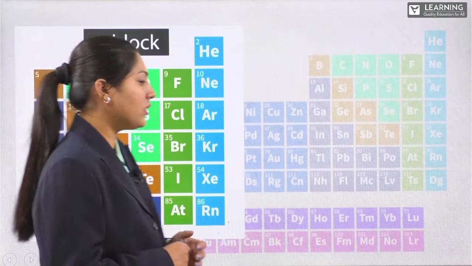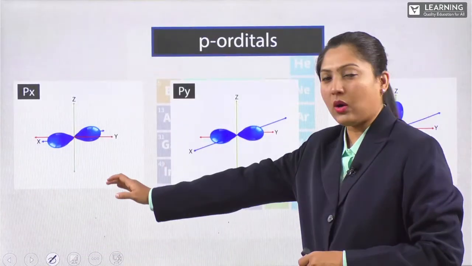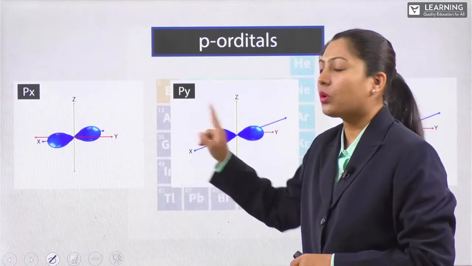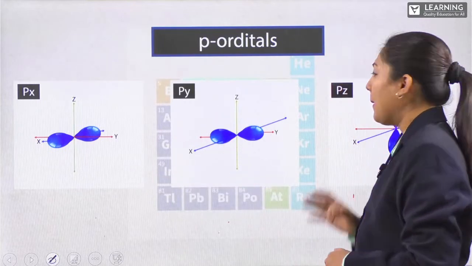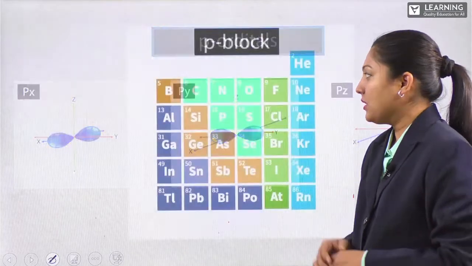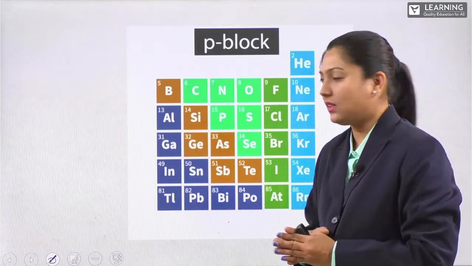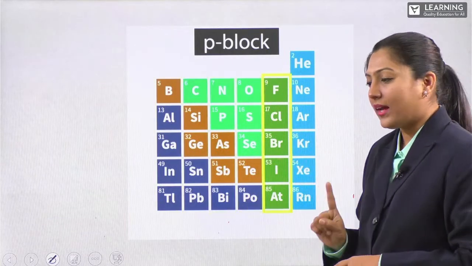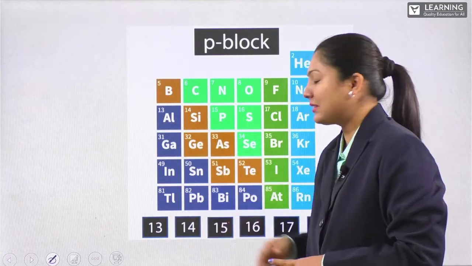They depend on the valencies. So we know that in the p orbital we have 3 suborbitals, where each suborbital will have 2 electrons. So px, py and pz respectively. By that we understand 6 electrons are getting into the p orbital. So we have 6 groups accordingly. If 1 electron is getting into the px orbital, that comes under group 13.